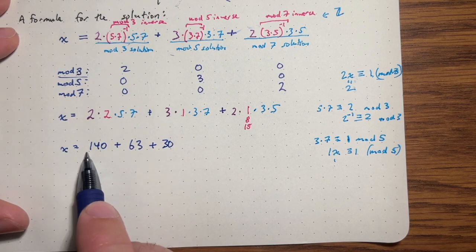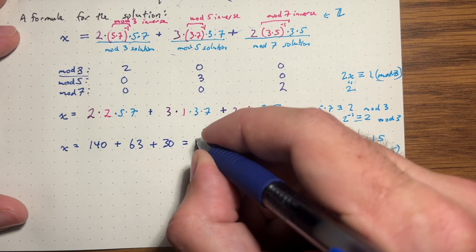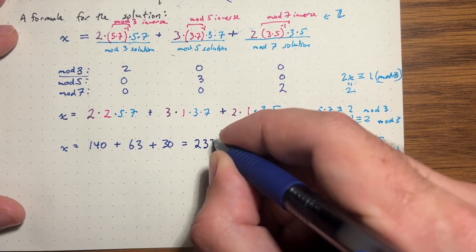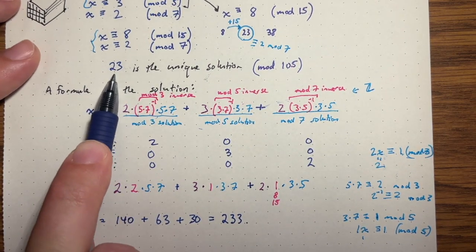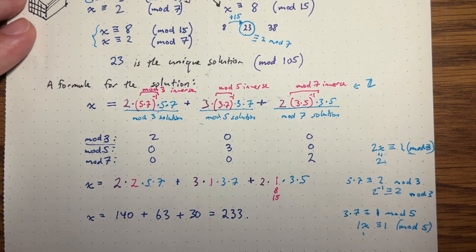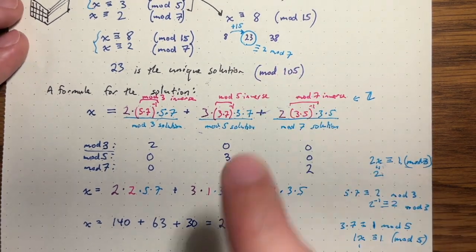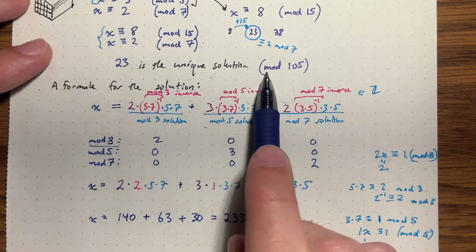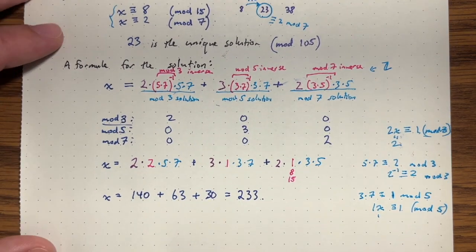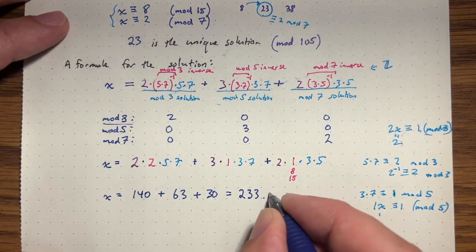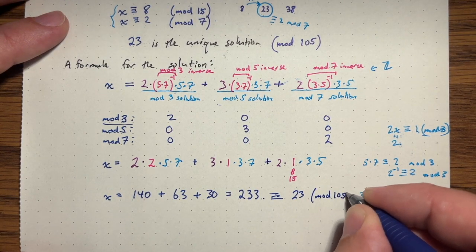We have 203 plus 30 is 233. And that looks a little bit different than our intended solution of 23. But it's not. It's the same because we know that we get a solution modulo 105. We have a unique solution modulo 105. Okay, so it looks like we had a different solution. They're actually just corresponding to the same thing. So 233 is congruent to 23 modulo 105.